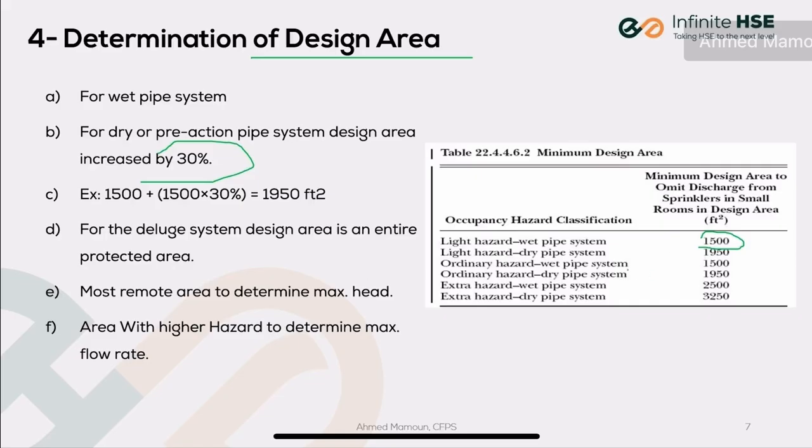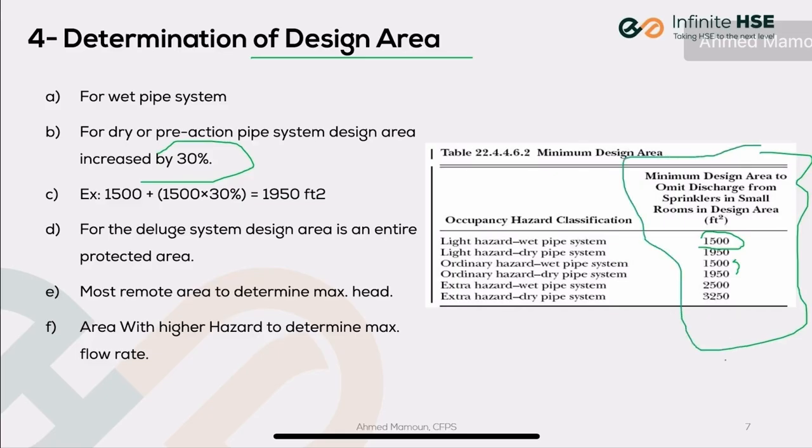For ordinary hazard wet and dry, the same as light. For an extra hazard wet system, 2500. For an extra hazard dry system, increasing the wet system number by 30% gives 3250.